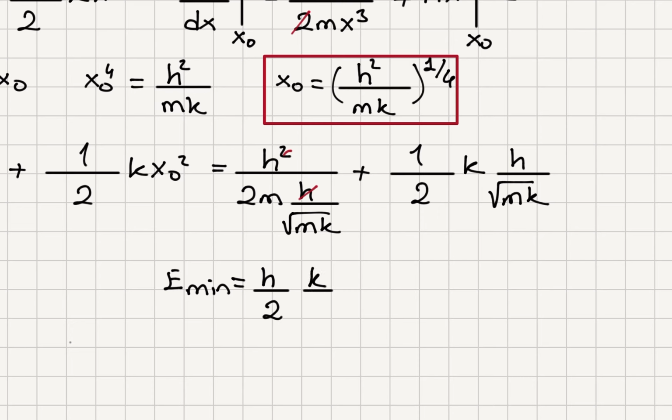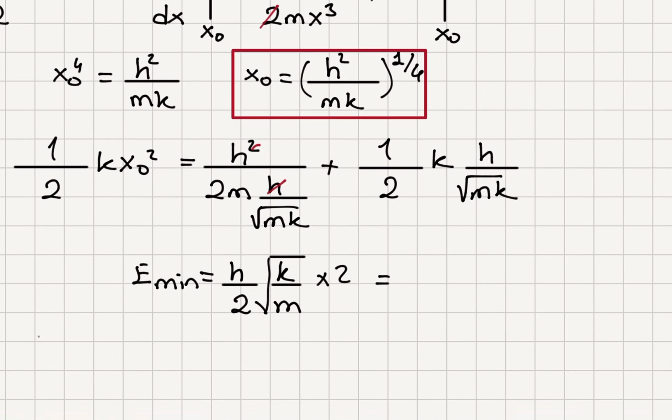That's the first term. And here we also have k divided by square root mk, which is square root of k over m. So this is also h/2 times square root k over m, the same term. So basically this is multiplied by 2.